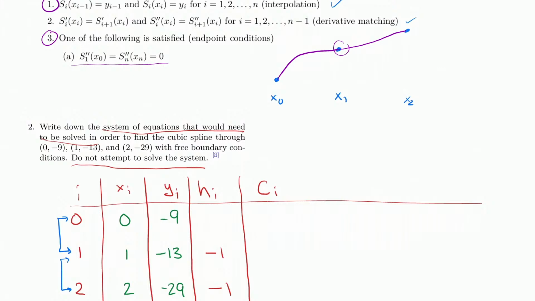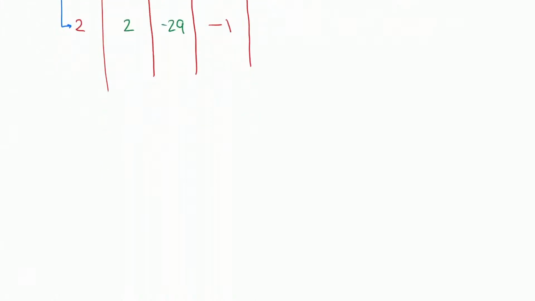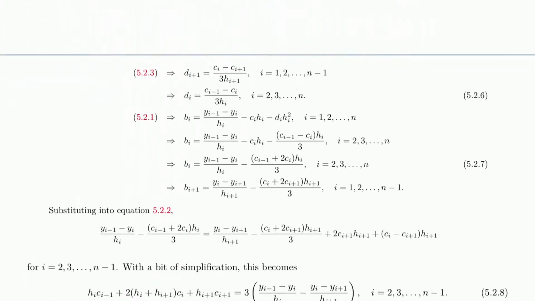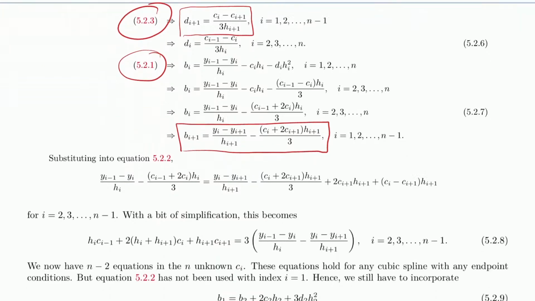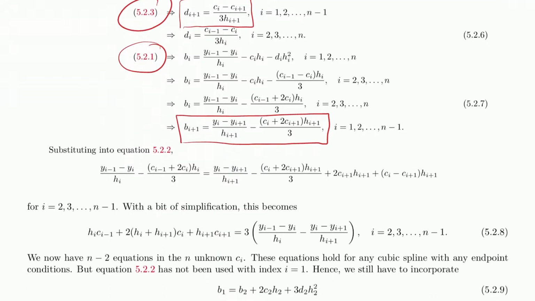If it's not hard, I want to solve it. Okay, so that's the next step. Here's why: they have this series of equations that give all the D's in terms of the C's, and then another series of equations which has the B's in terms of the C's. And so the main thing that we have to figure out is how to compute the C's.